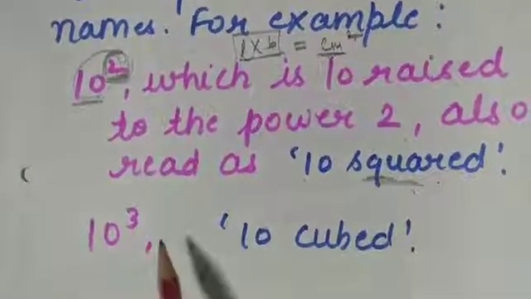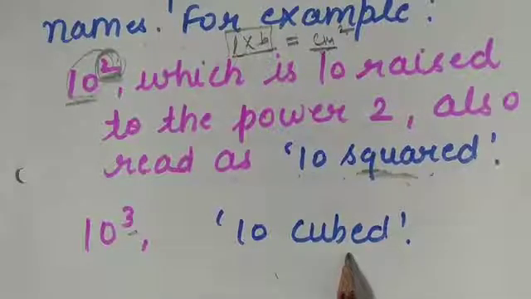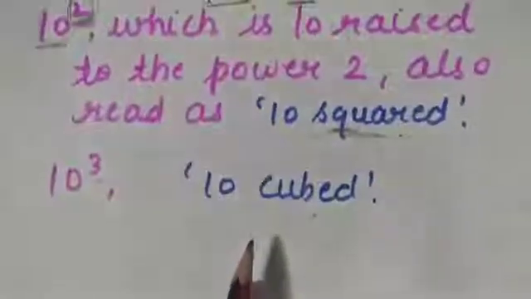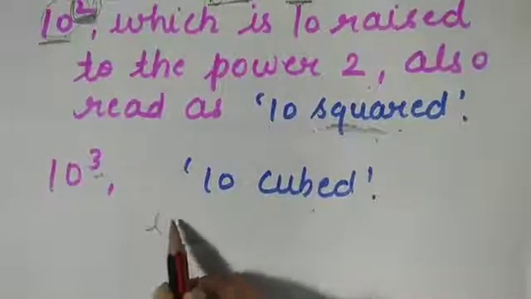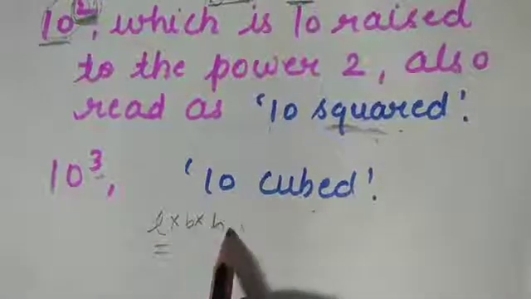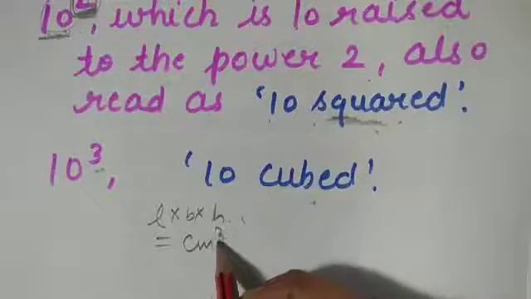Same for 10 to the power 3, this can be read as 10 cubed. You have learned about the volume of a cuboid. Volume of a cuboid is length into breadth into height, and if length, breadth and height are in centimeters, its unit will be centimeter cube.